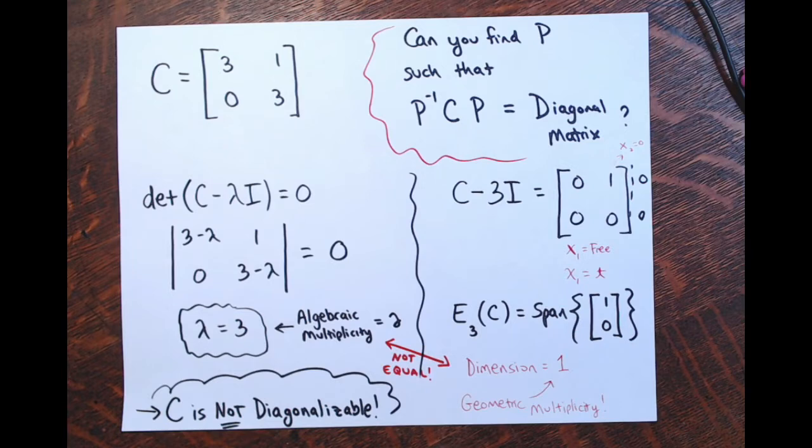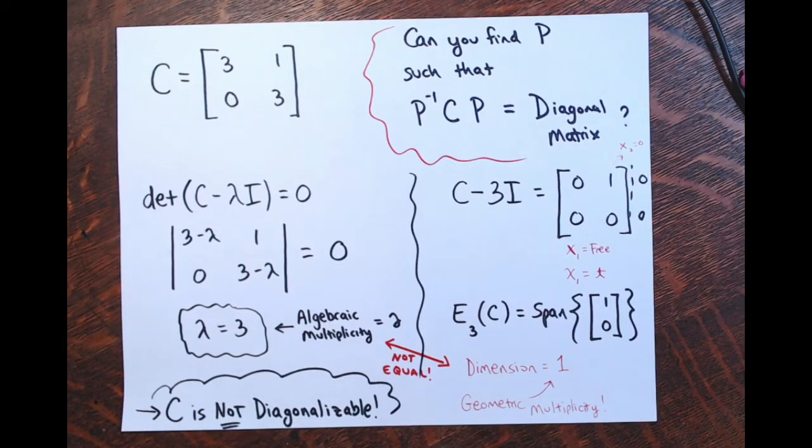Okay. So I'll say it one more time. The only way a matrix is diagonalizable is if every eigenvalue's algebraic multiplicity is the same as its geometric multiplicity.